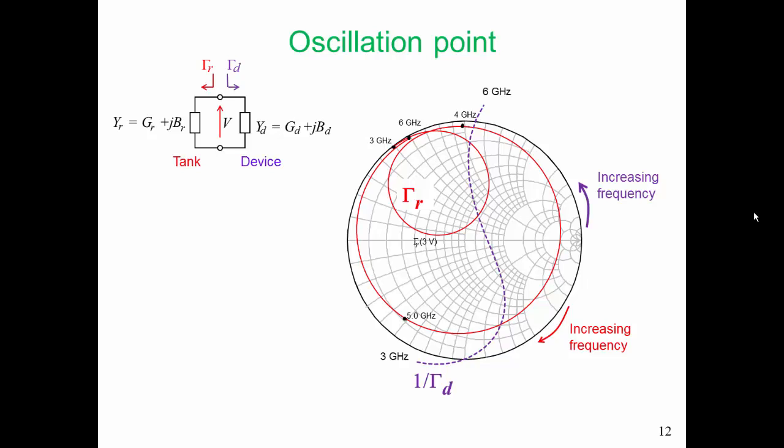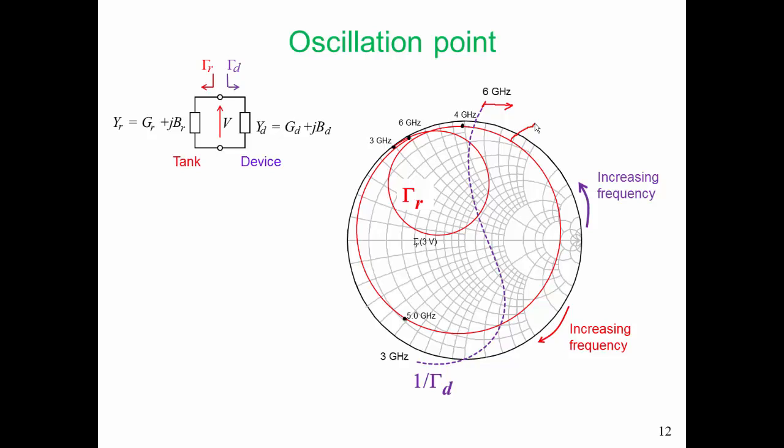Another reason for why we want to plot 1 over gamma d. So 1 over gamma d, this curve here, this purple dashed curve here, is going to move to the right as the oscillation amplitude increases. This resonator network will not move as the oscillation increases. Ideally it doesn't move anyway.